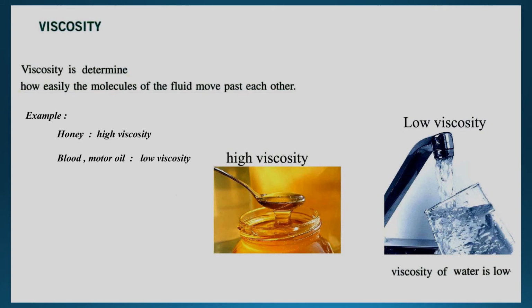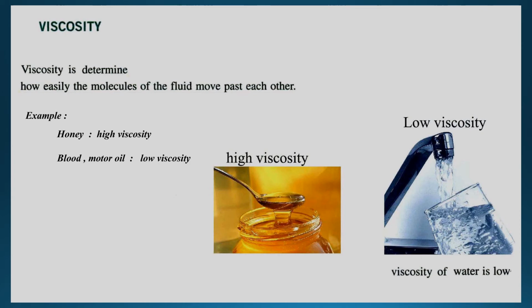Now we talk about one more, viscosity. What is viscosity? The thickness, the runniness. How easily molecules of the fluid can pass each other. For example, water has low viscosity. Honey has high viscosity.